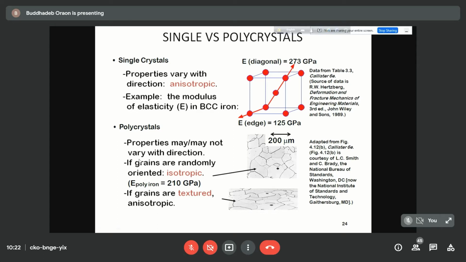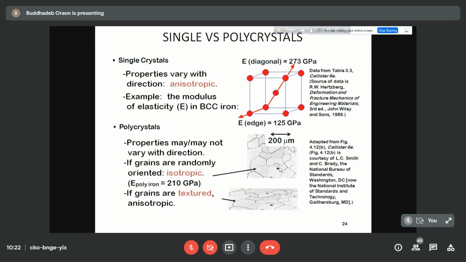Now, when the materials are polycrystalline, because all the crystals are arranged in random fashion and they have got an average value in all directions, the material tends to be isotropic. So when the grains are randomly oriented, the material tends to be isotropic, and we may get the same mechanical property in all directions.